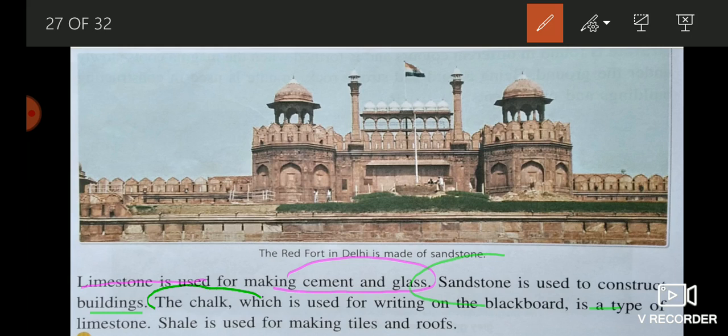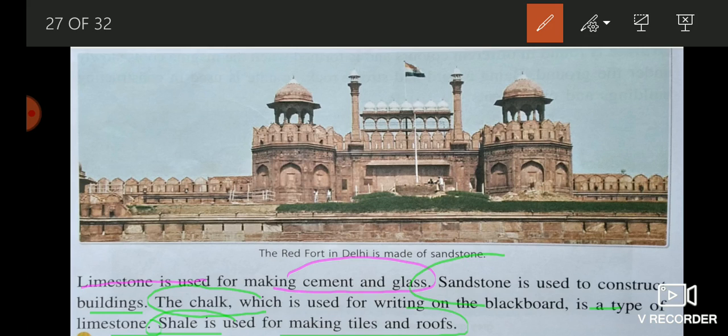The chalk, you know the chalk we use when we write on the blackboard. The chalk is also a kind of sedimentary rock, and this chalk is made from limestone. Then shell is also an example of sedimentary rocks. And the shell is used in making tiles and roofs.